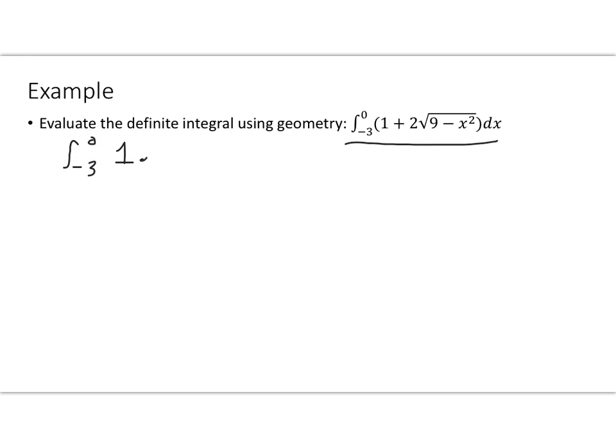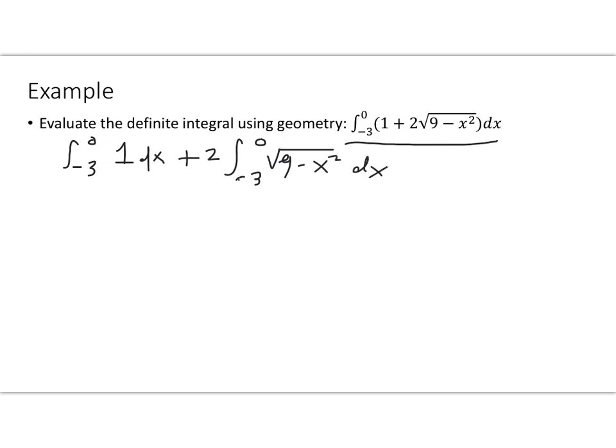So we'll integrate 1 first, and then we'll integrate 2 times the root of 9 minus x squared second.